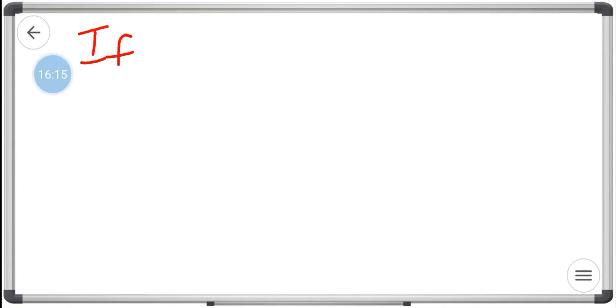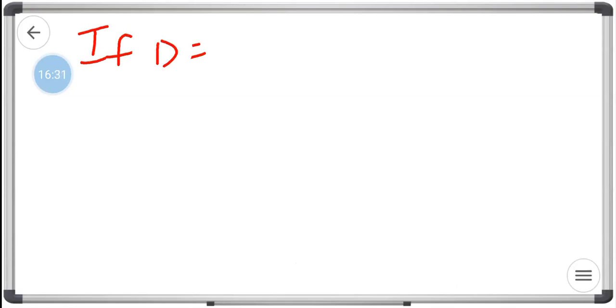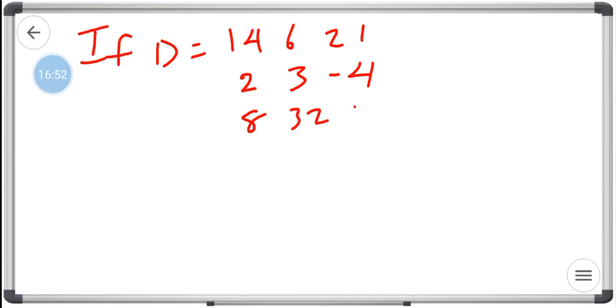Now, if D equals, okay, let's use D instead of C. If D equals 14, 6, 2, 1, 2, 3 minus 4, 8, 32, 27.